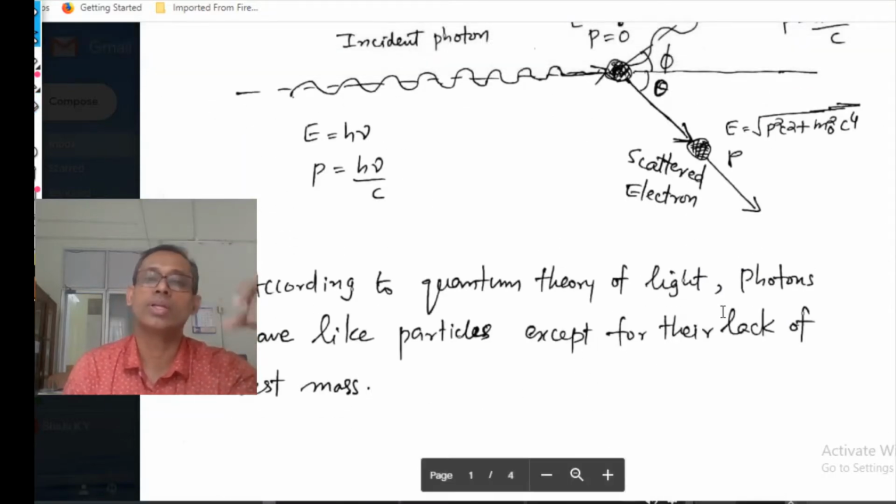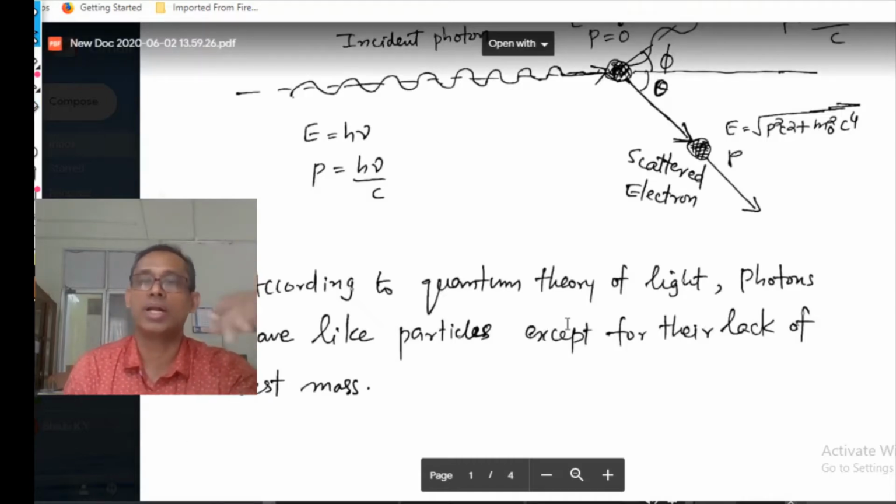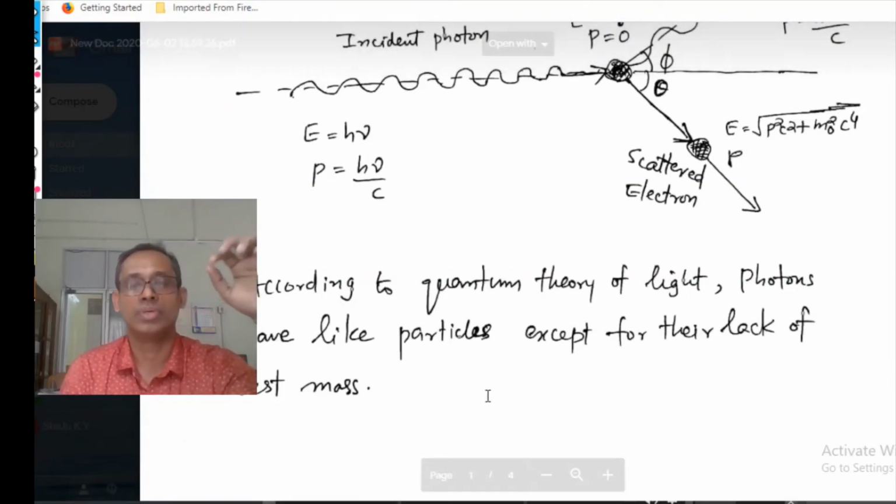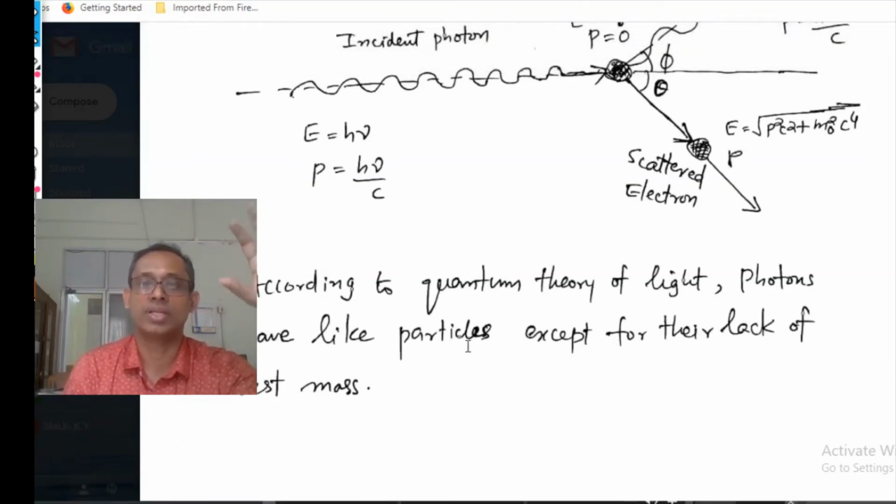According to quantum theory, photons behave like particles, except that they have no rest mass.